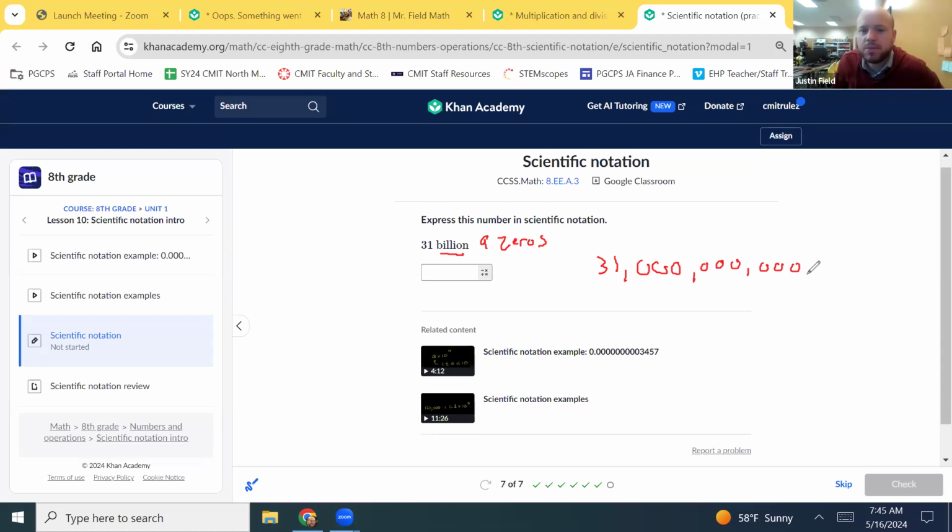Now I wrote it like that because I was just wondering to myself, how many decimal points do I have to move? So now I'm going to do it. 1, 2, 3, 4, 5, 6, 7, 8, 9, 10. 10 moves, which means my exponent is 10, and my number is 3.1. 3.1 times 10 to the 10.